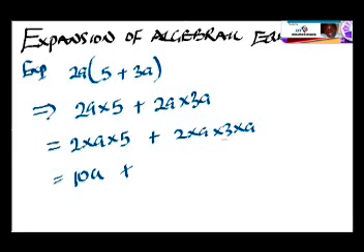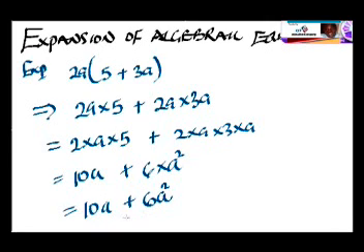A times a is a square, so 6 times a square, and that is giving me 10a plus 6a square. Now listen, you cannot add because this is 10a and this is 6a square. A square is a different value from a, so you don't add them together. So this is what you're going to get in your final answer.